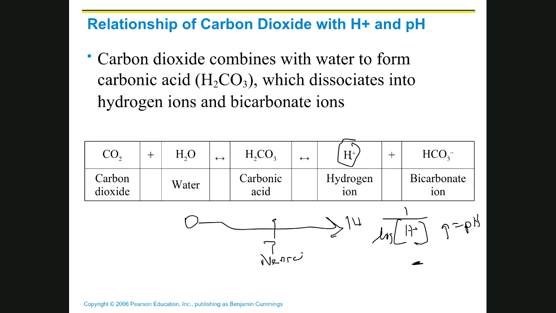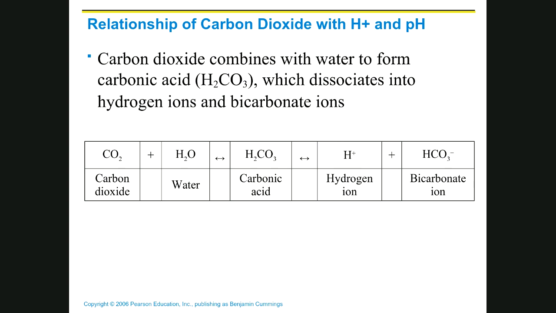So if I take carbon dioxide, I add it to water, I'm going to get hydrogens. So in other words, the more carbon dioxide I have, the more hydrogens I have. And remember, the scale for pH is 1 over the hydrogens.